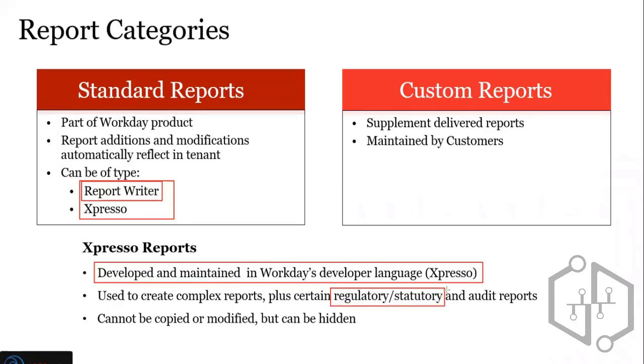So Workday delivers these suites of Espresso reports and we can just use them. That's it. They cannot be copied or modified, but they can be hidden. So we'll talk about hiding standard reports.